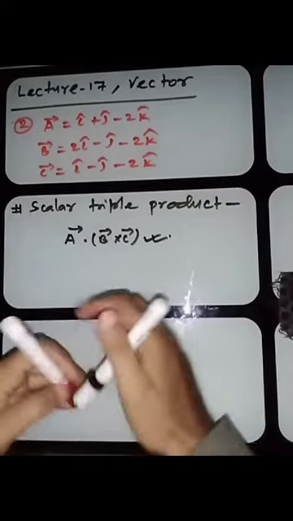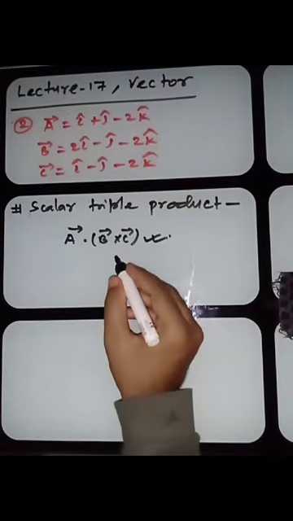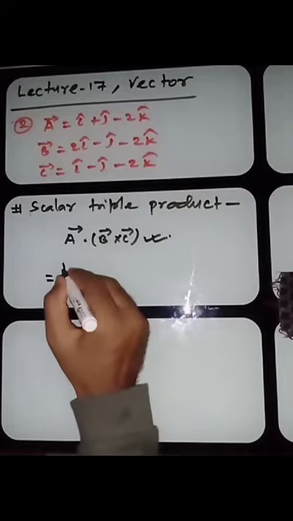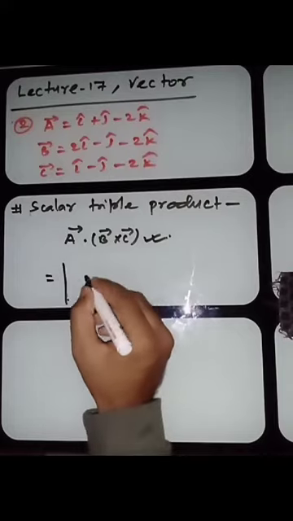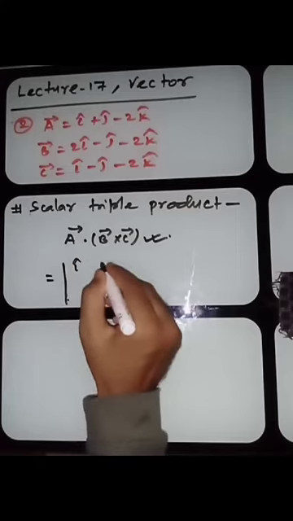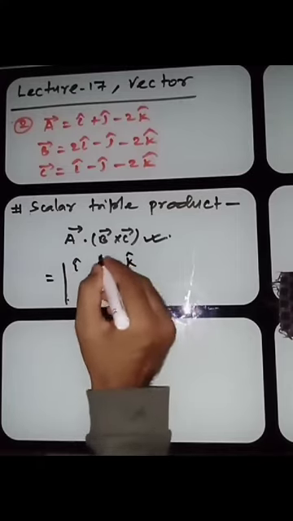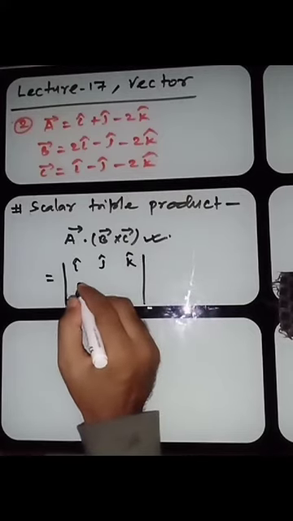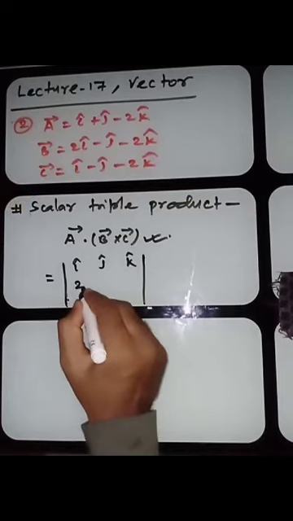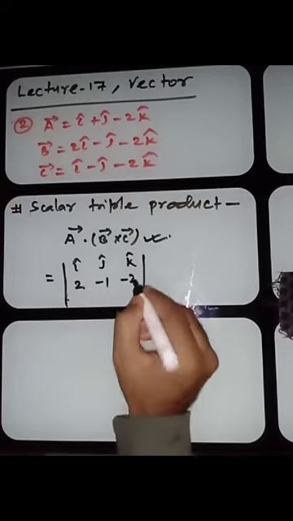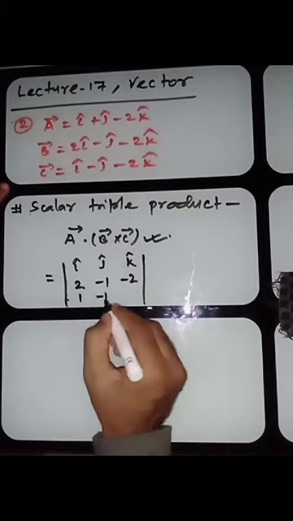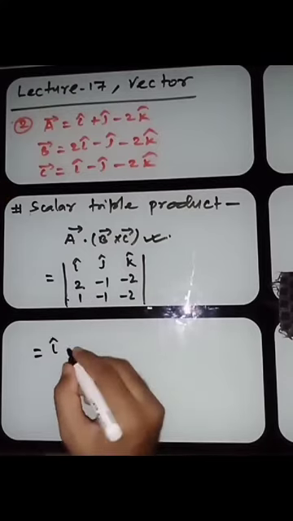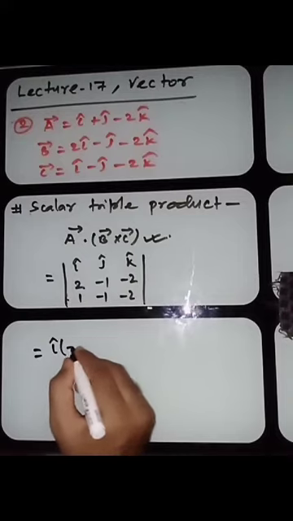And how will we find the cross product of B cross C? So we'll put the coefficients here for B, i, j and k. B is 2, minus 1, minus 2. C is 1, minus 1, minus 2. Let me solve it. Splitting the i, it is plus 2, minus 2.